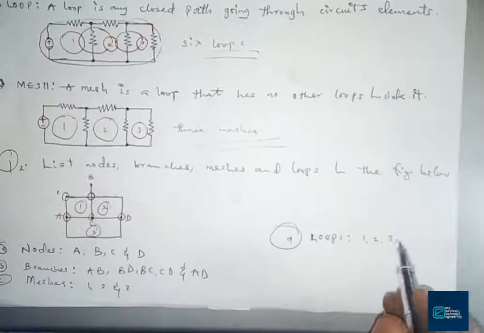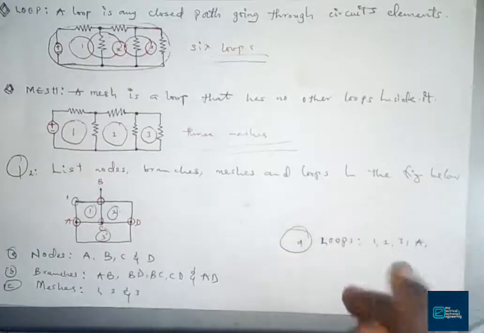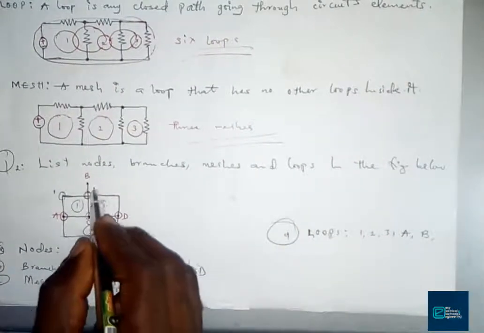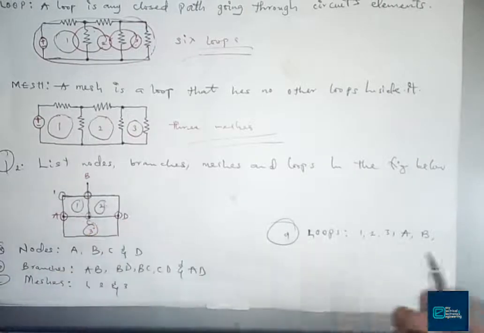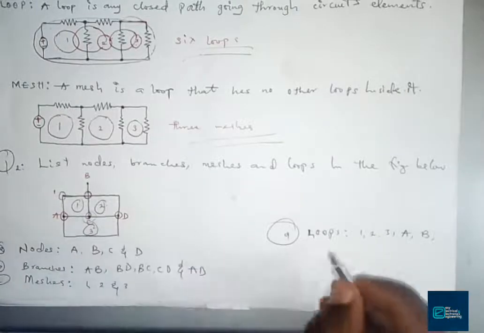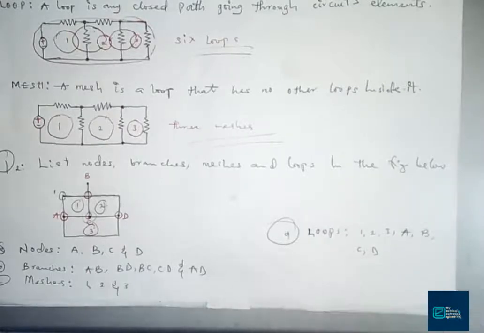So in this case we have our A, we have our B, there is an element here, we have C as well, there's a component here, and we have D as well. I think that is well taken care of. So we can see from that angle.